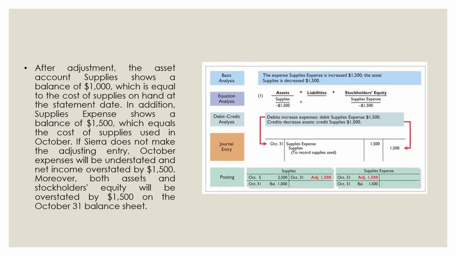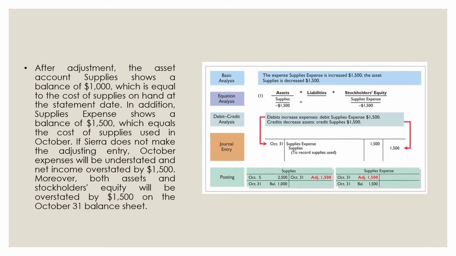After the adjustments, the asset account supplies shows a balance of $1,000, which is equal to the cost of supplies on hand at the statement date. The supplies expense shows a balance of $1,500, which equals the cost of supplies used in October.